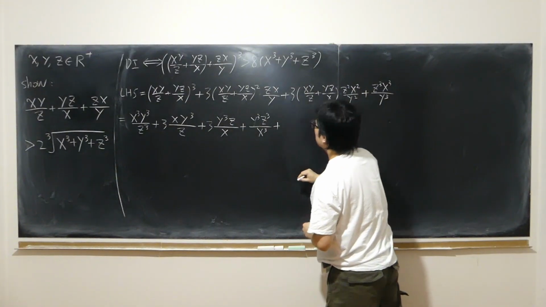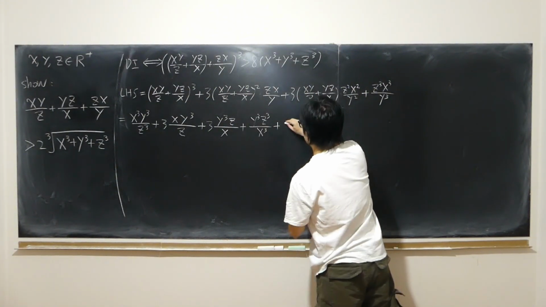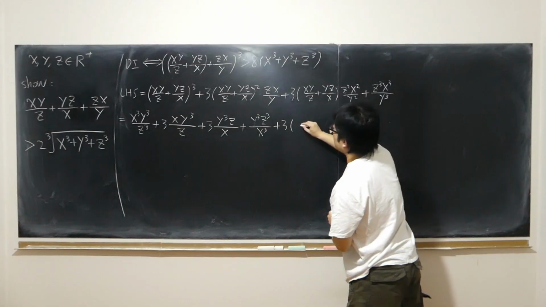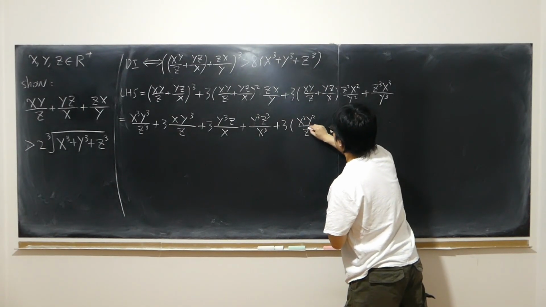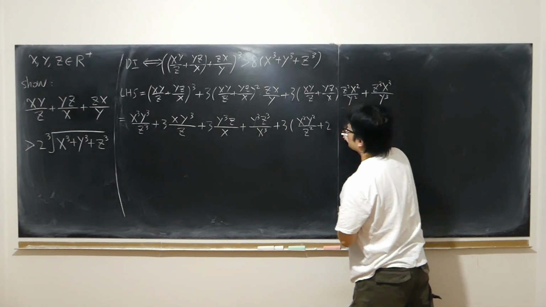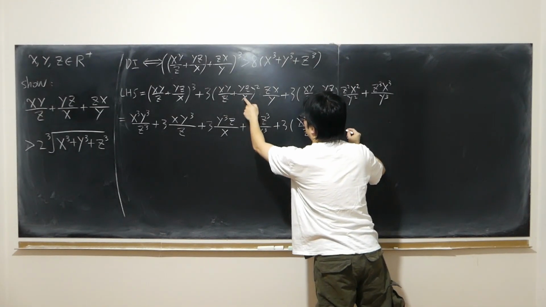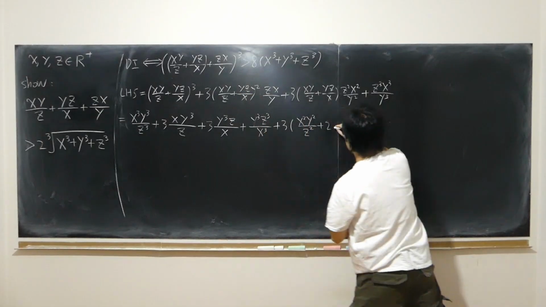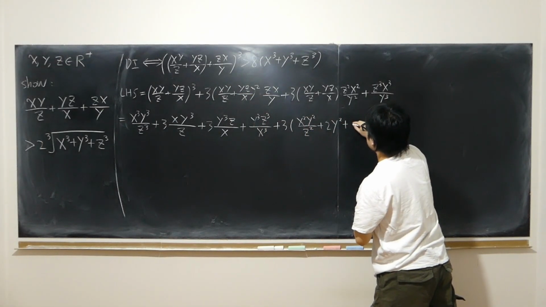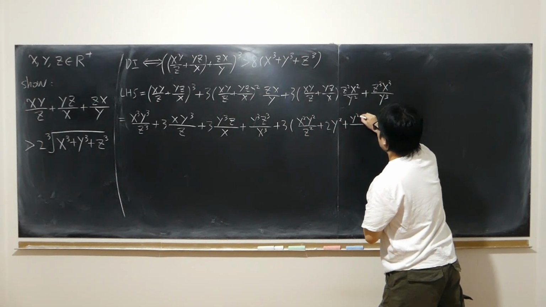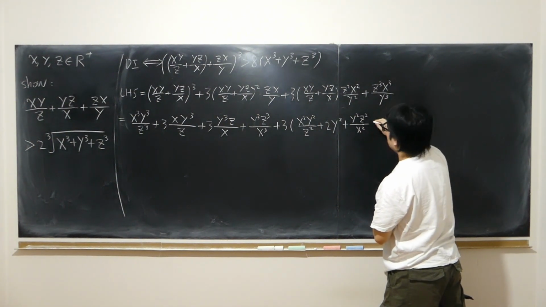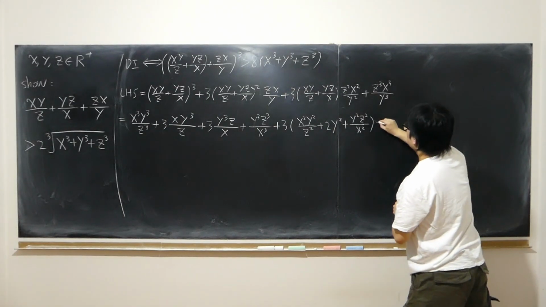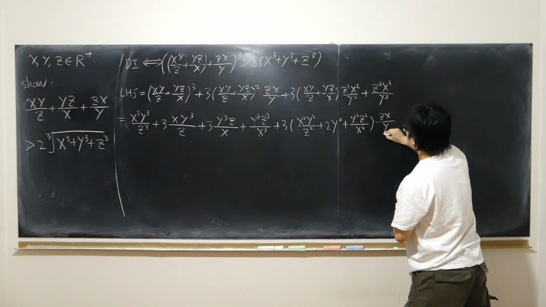And expand this one. Perfect square: x squared y squared over z squared, plus 2 times this times that, so x simplified, z simplified, so y squared, plus y squared z squared over x squared multiplied by zx over y.